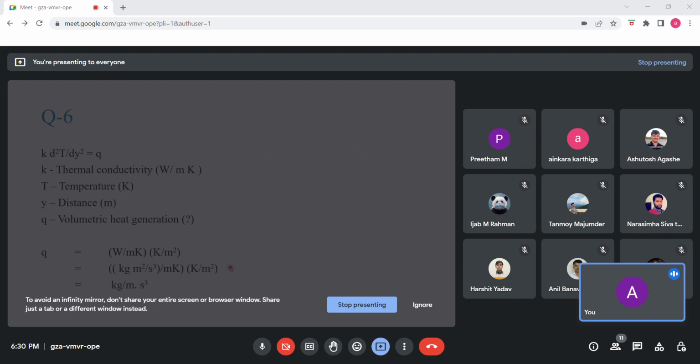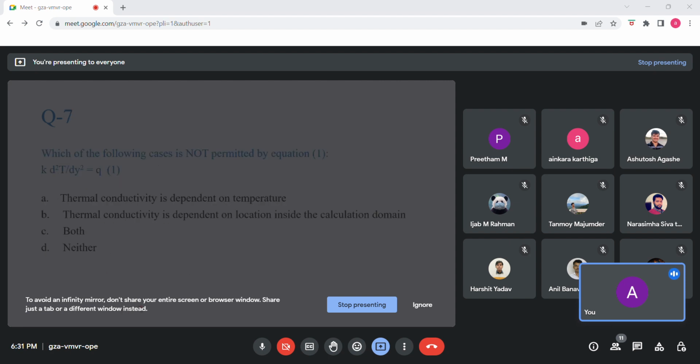To get the dimensionally consistent unit for Q, we need to substitute the other known units in this equation, where we know the units for thermal conductivity, temperature, and distance Y. So we put all this in this equation and cancel out the units, and we get the unit as kg per meter second cube.